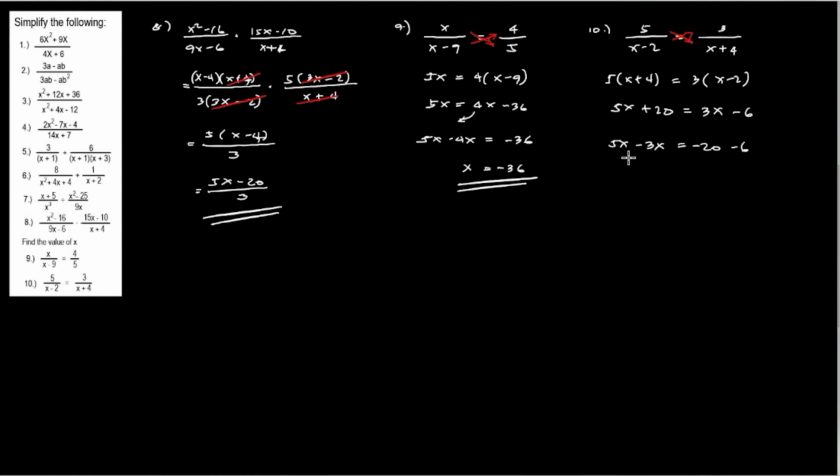Subtract 5x minus 3x, or 2x, is equal to negative 20 minus 6, or negative 26. And x is equal to negative 26 all over 2, which is negative 13. So the value for x is equal to negative 13. And this is the answer.